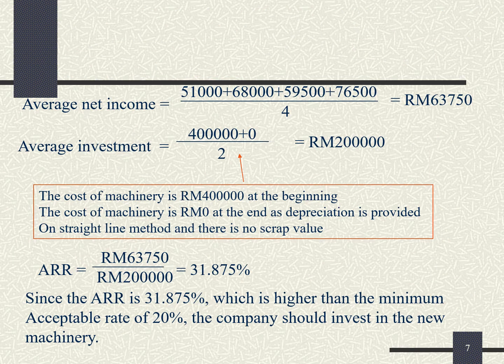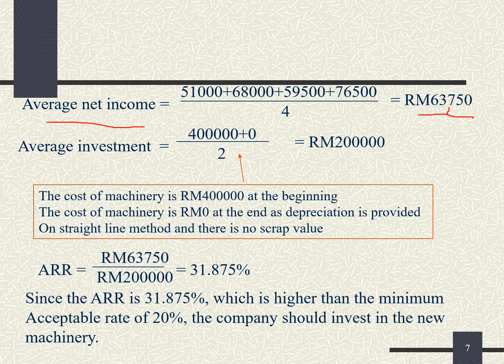First of all, you have to kira average net income. Kita campurkan 51,000 campur, bagi dengan 4. You akan dapat average net income ialah 63,750. Then the average investment ialah tadi 400,000.